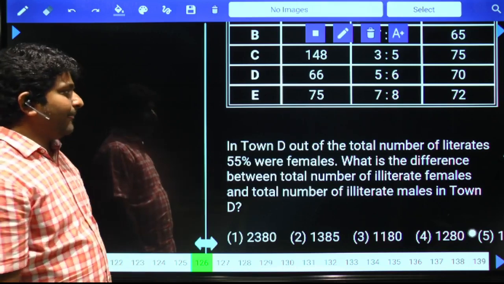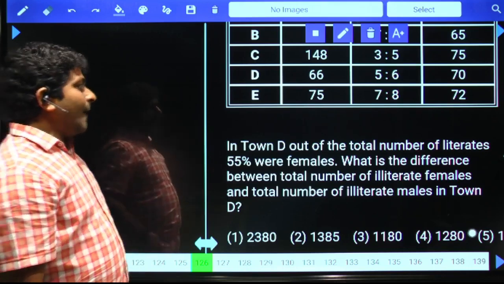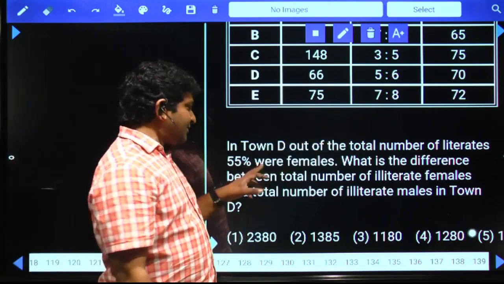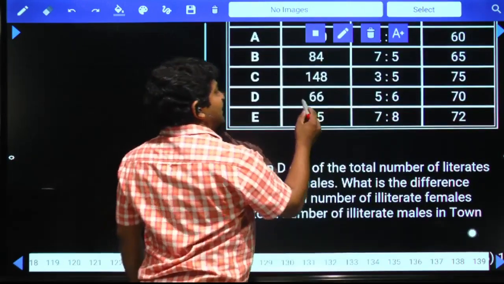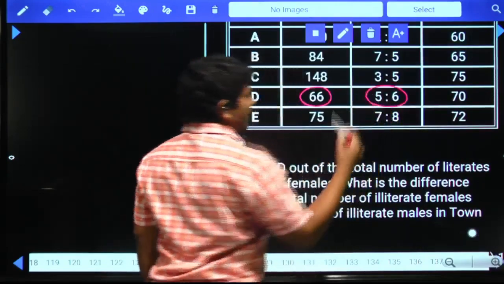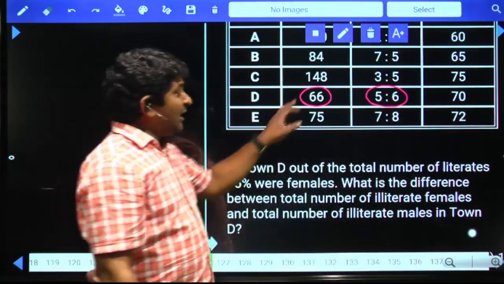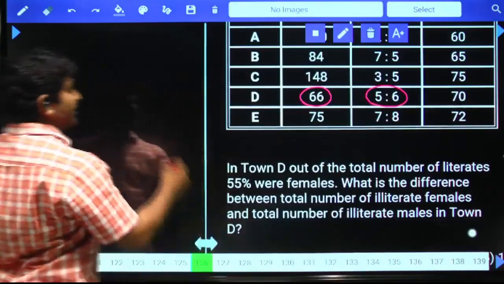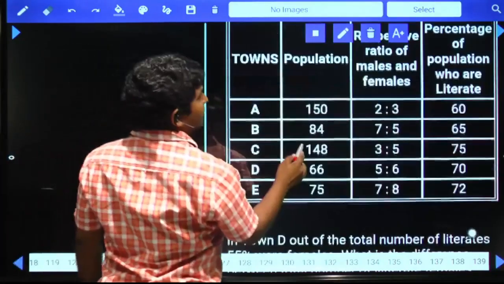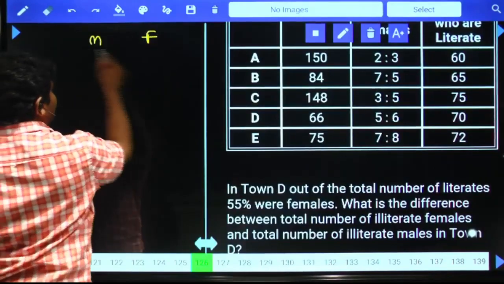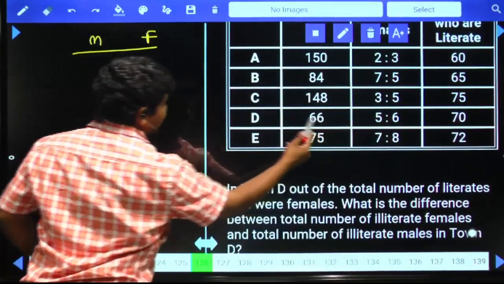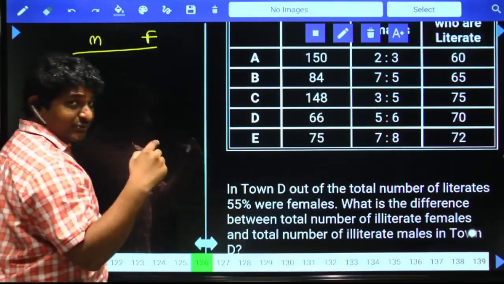Okay. Now, out of total literates, 55% are female. D గురించి మాట్లాడుతున్నాం. 66 is divided in the ratio 5:6, total 11 parts. 11 parts is 66, 1 part is equal to 6.